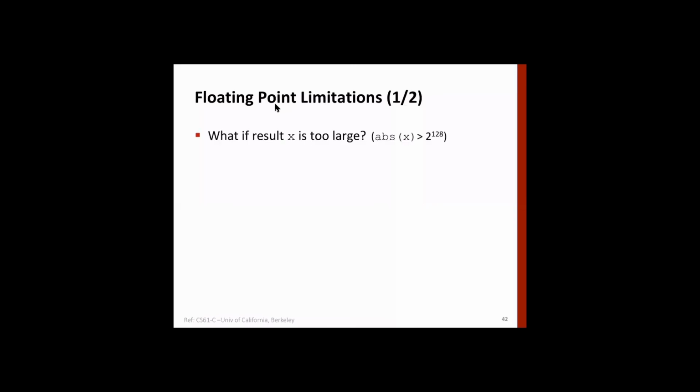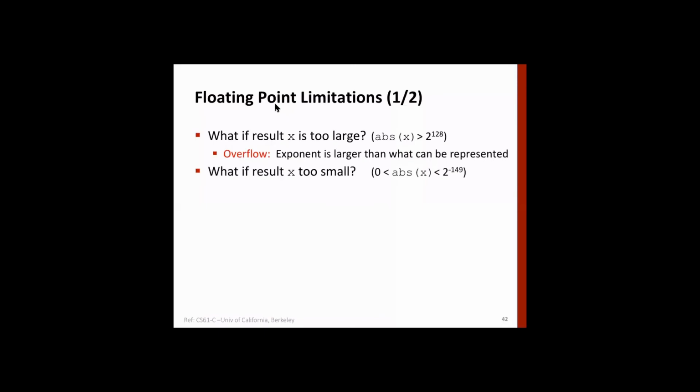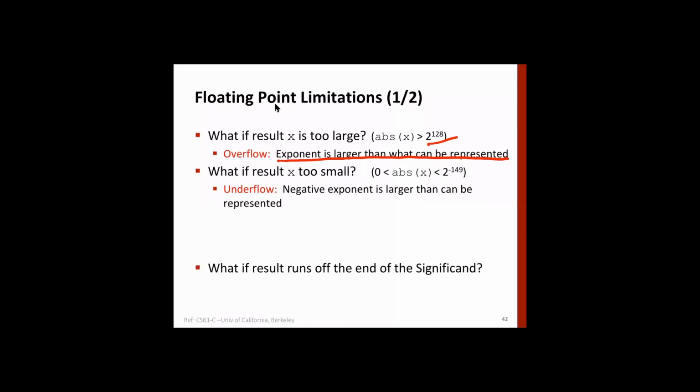Okay, all right. So let's look at limitations. If the result of a calculation is more than 2 raised to the power 128, then there will be overflow. We cannot represent it then, right? An exponent larger than 128 cannot be represented, so the condition is called overflow. Similarly, there is underflow.